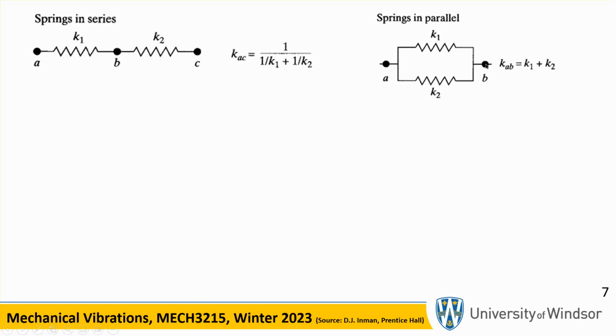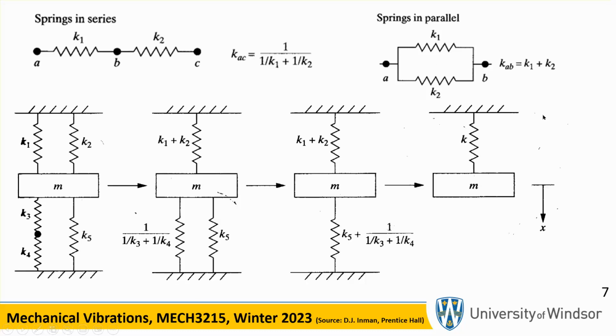On the other hand, if you have a situation like this, two springs in that configuration, these are called parallel, and the effective stiffness is just add them up. Okay. So if you look at this situation, we have 5 springs here. There's no doubt that k1 and k2 are parallel.